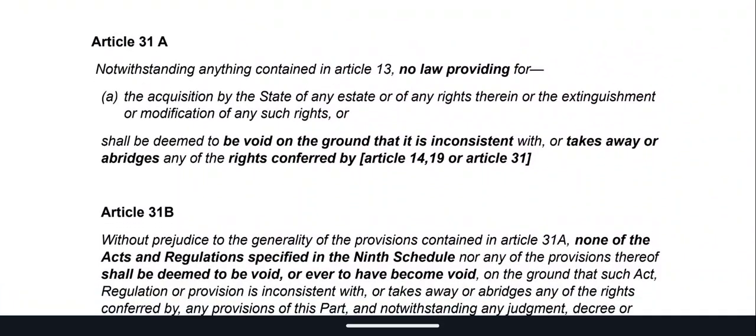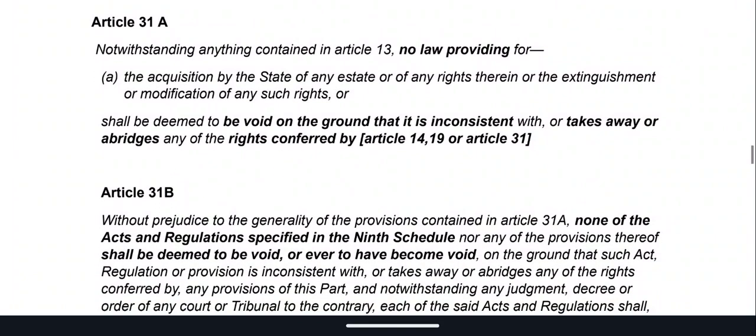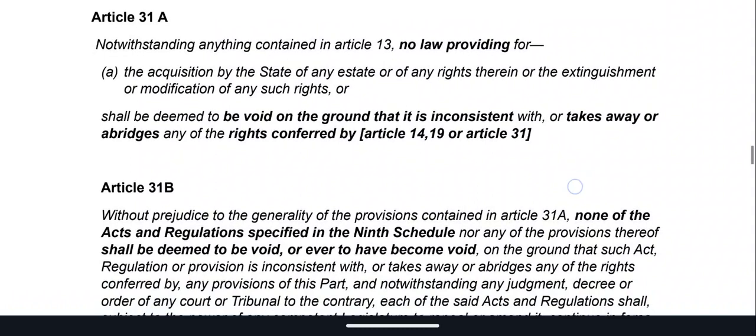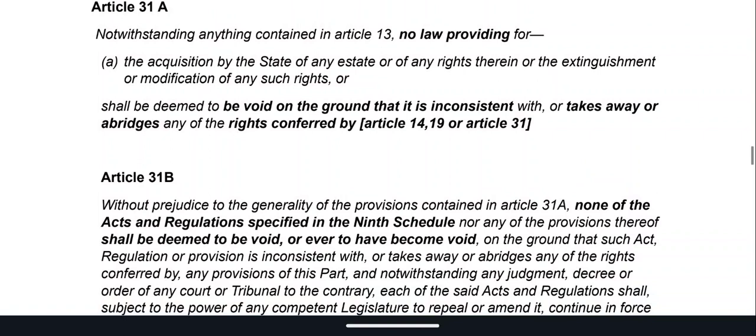Now I have brought the exact extract of the text of article 31A here. If you observe, no law providing for the acquisition by the state of any estate or of any rights shall be void on the ground that it is inconsistent with, takes away or abridges any of the rights conferred by article 14, 19 or 31.